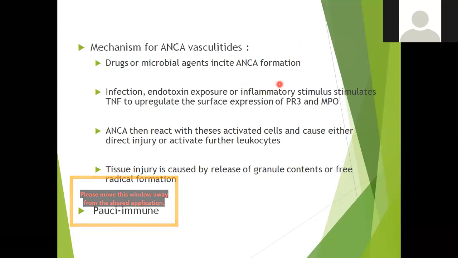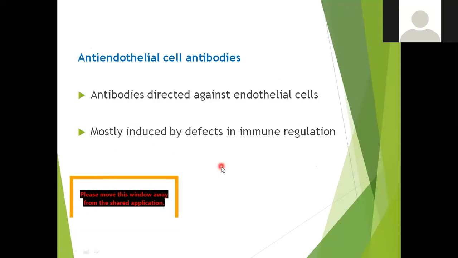Okay. As I told you, drugs or microbial agents lead to ANCA formation, and once ANCA are formed, it will lead to a release of enzymes from neutrophils, and then the neutrophilic enzymes cause the damage. They are called quasi-immune because they have no immune complexes.